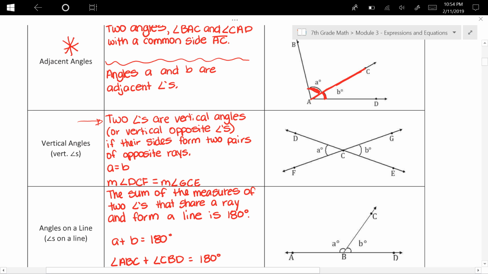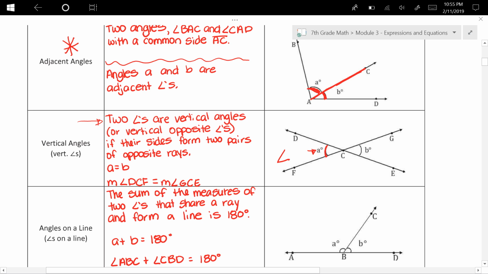So you can see that we have these two lines here and they cross each other. This angle, we can look at it as angle A, because they do have it marked right here. We can also call it angle, and see how I'm writing? It's not the less than symbol. It's written a little bit different. The bottom part is straight, and then the top part goes up at an angle. So that is actually the symbol for angle.